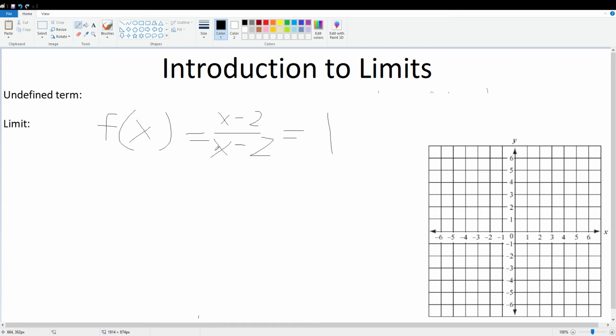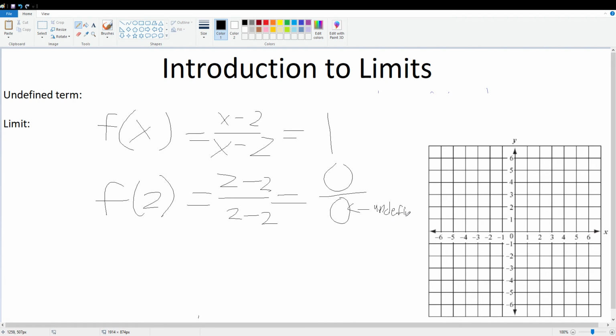However, you have to remember that when you plug in 2 into this equation, you are going to get 0 as a denominator, or you're going to get an undefined term. So let me show you. We're going to plug in 2 minus 2 over 2 minus 2, and you'll see that you will get essentially an undefined term here because the denominator equals 0.